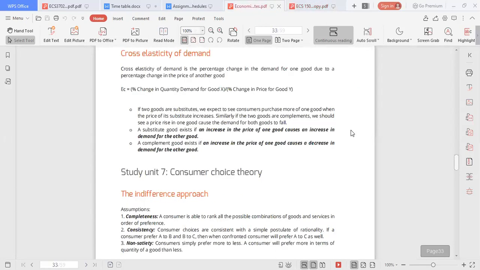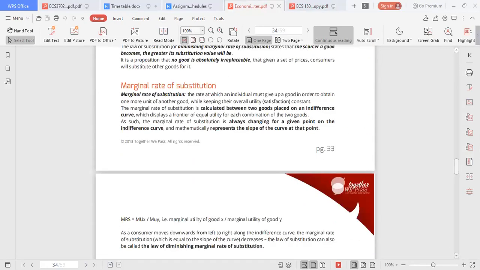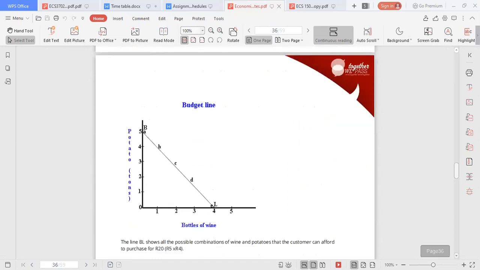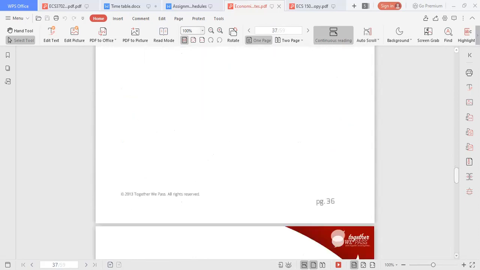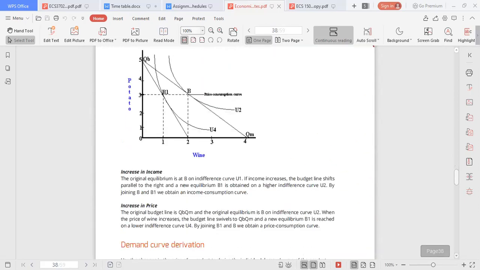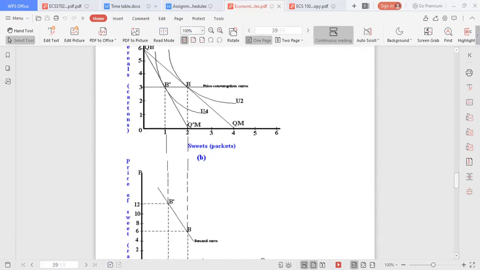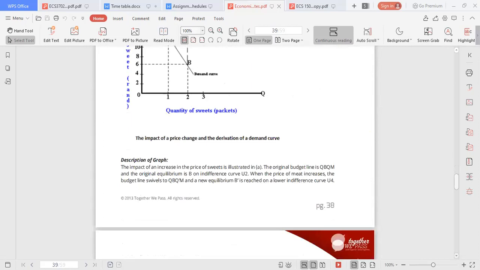So we need to take this so that we can move on to chapter 7, the theory of consumer behavior. Okay, so we are moving, I think we are moving handsomely.